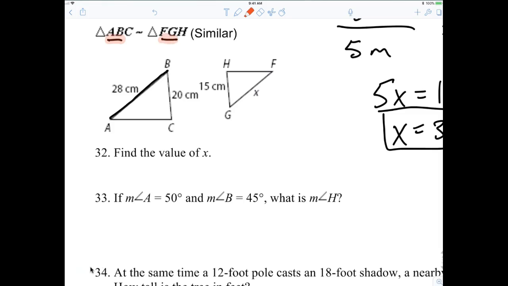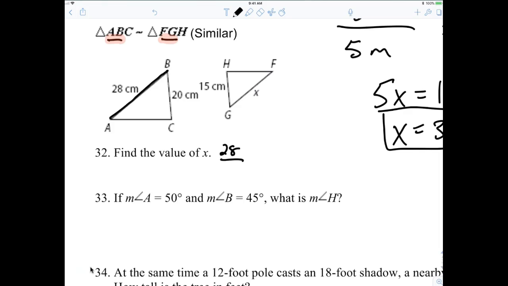So what is AB? 28. And what's FG? Look at the figure and tell me what FG is. Somebody. You have to look at the figure to tell me. 23. No. 30. Who said that? Yes, good, Julia. It's X.